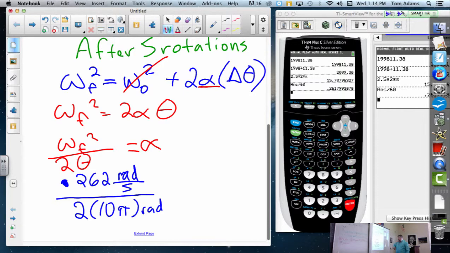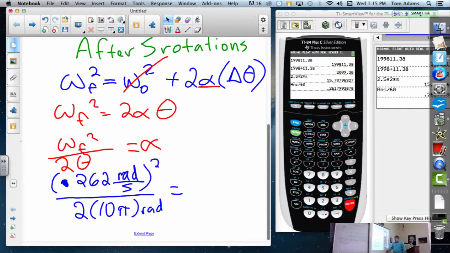Does that make sense? But this whole thing has to be squared. And so if you square the whole thing, you'll end up with, well, let's just see what we get. Let's crank through the math.